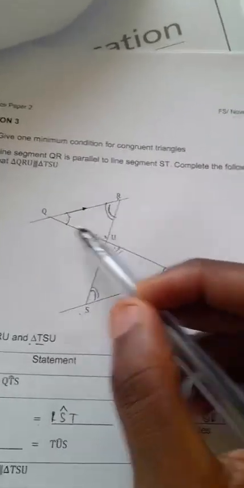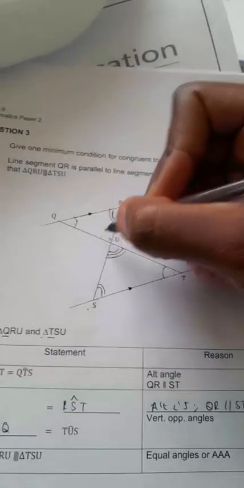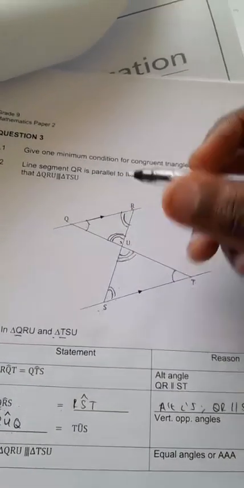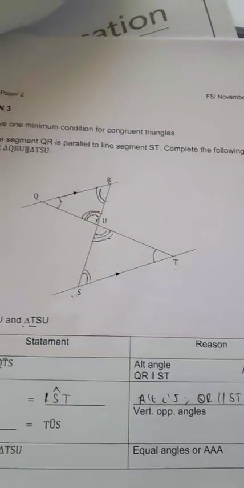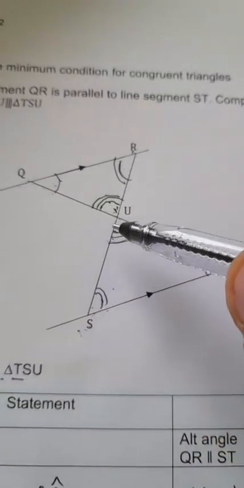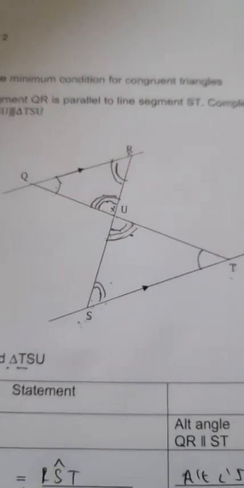And people, the reason why RUQ is equal to SUT could only be one reason. It's not common angle. It is these two angles, the X relationship. Remember the X relationship, fun X. This represents vertically opposite angles. Okay, very, very important.